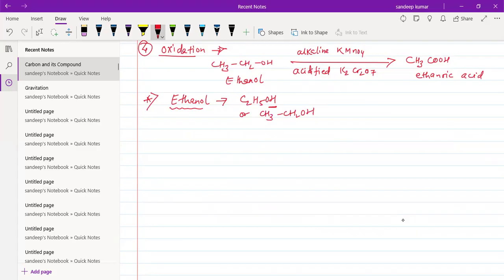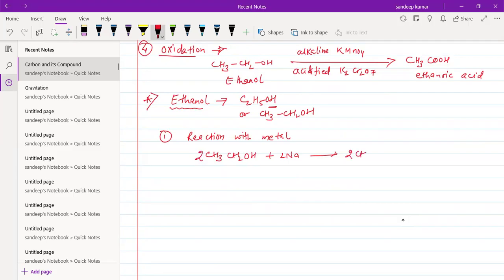First reaction: reaction with metal like sodium. Whenever ethanol reacts with sodium metal, hydrogen gas is evolved. This 2Na will combine here, and hydrogen gas is formed. So two molecules of ethanol you have to take.